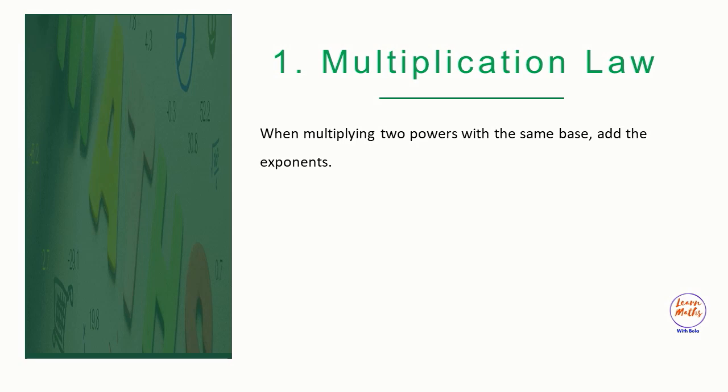When you have two index numbers multiplying each other and they have the same base, you just add their powers together.